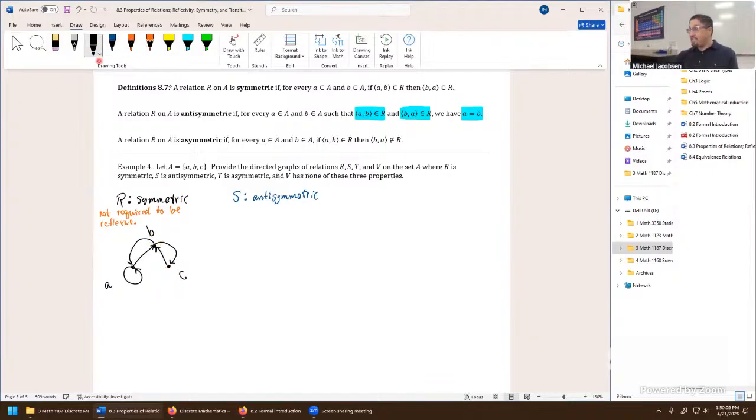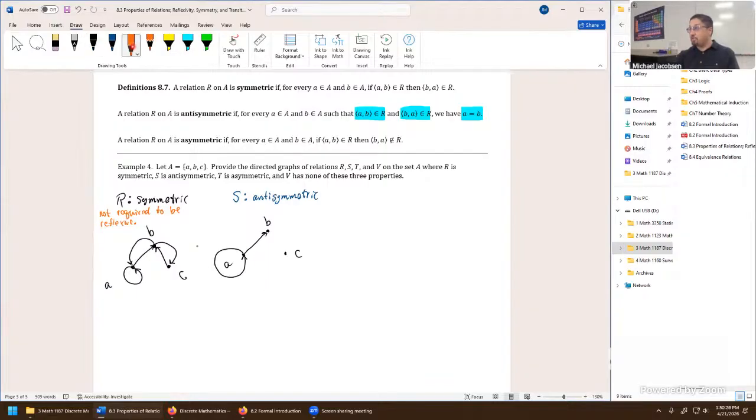And same kind of deal with antisymmetric. So if we put down vertices just like before, A, B, and C, antisymmetric says we can put an arrow that goes like this, for example. We can even put in a loop.